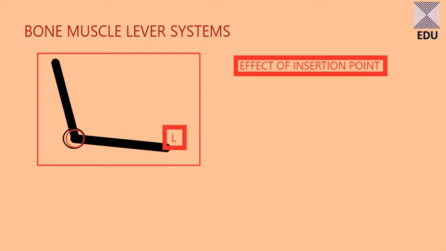Now in this particular case, we have the muscle embedded just over here. So the insertion point is said to be distal in this particular case. So we say that it is the distal insertion of the muscle.